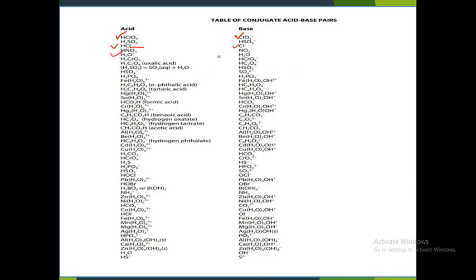Suppose this hydronium ion H3O plus is a conjugate acid, the conjugate base will be, if 1 hydrogen is removed, H2O. In that way, you can go through some examples and practice. So this is all about the conjugate acid and conjugate base.